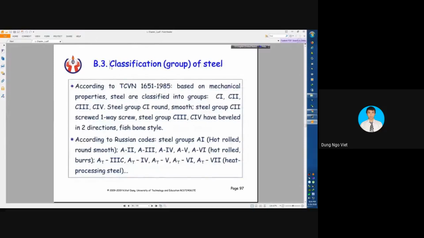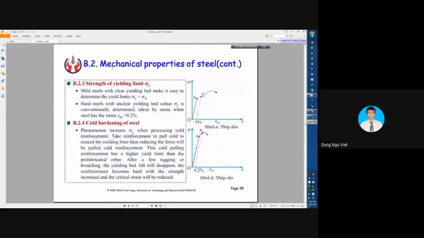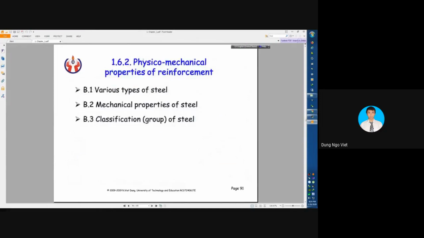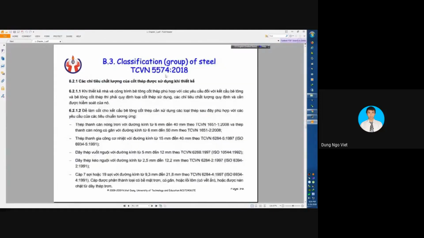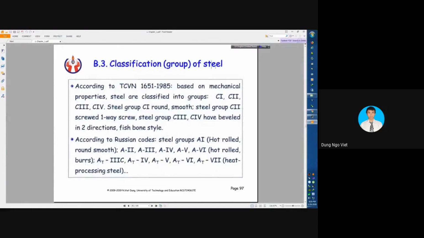The third part in these physical mechanical properties of reinforcement is the classification of groups of steel. According to TCVN 1651-1985, based on mechanical properties, steels are classified into groups C1, C2, C3, and C4.